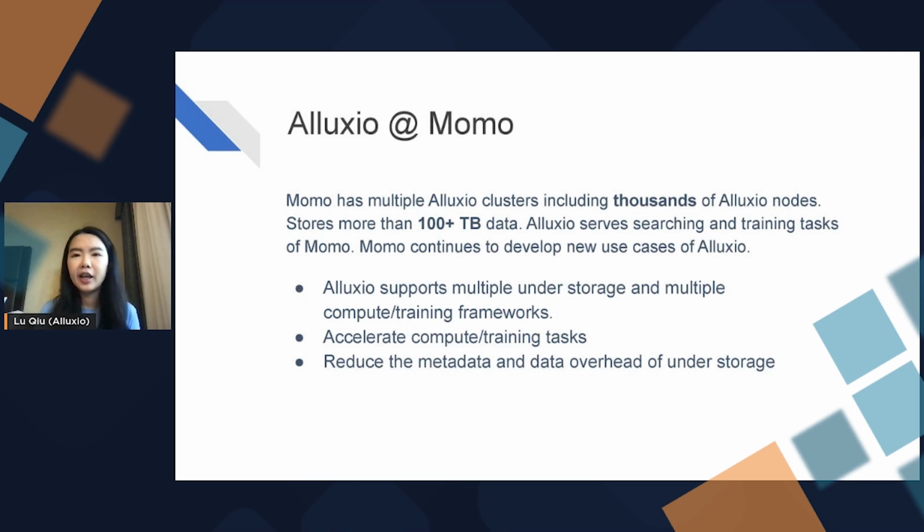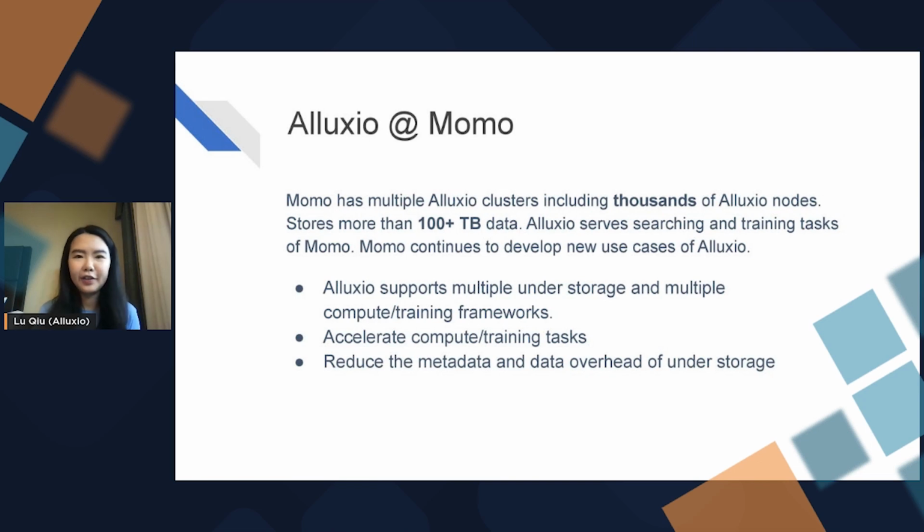In their case, they have different kinds of compute jobs and they want to persist data to different under storage so that they can easily switch from cloud storage A to cloud storage B or from one Ceph or HDFS cluster to another cluster. And they use us to accelerate their compute and training tasks.